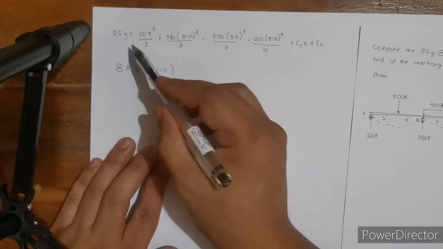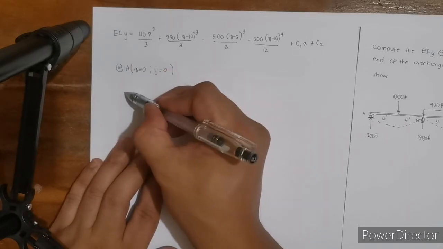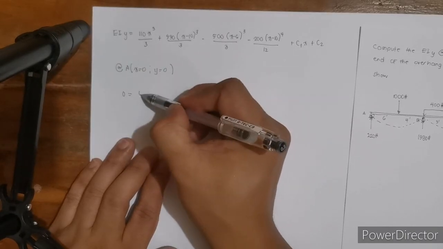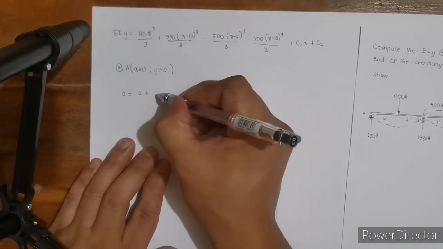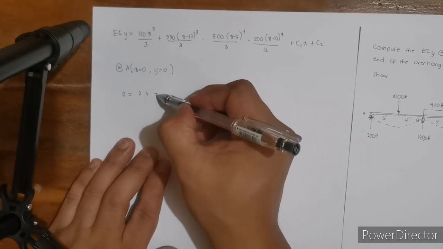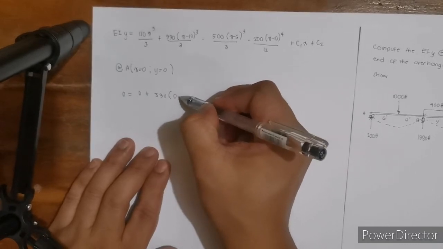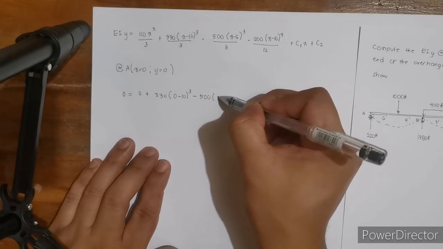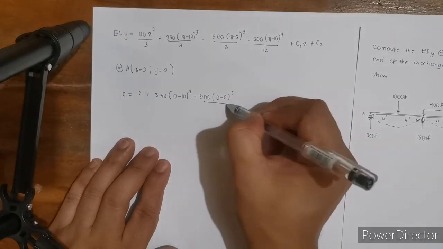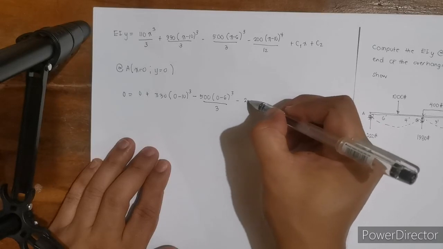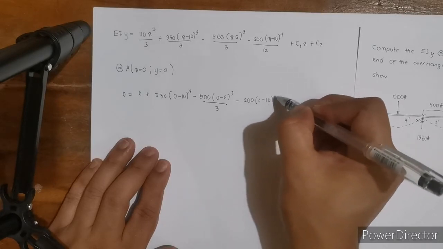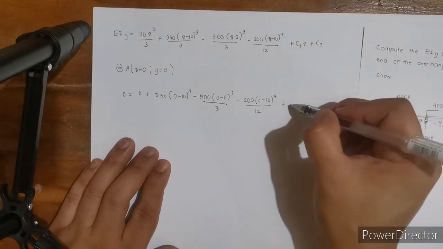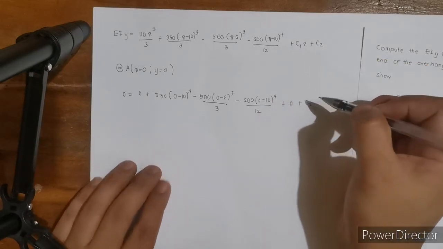Okay, substituting EI, y is 0, maging 0 to, equivalent to 0 plus 990 over 3 is 330, 0 minus 10 raised to 3 minus 500, 0 minus 6 raised to 3 over 3 minus 200, 0 minus 10 raised to 4 over 12 plus C1 times 0, 0 plus C2.